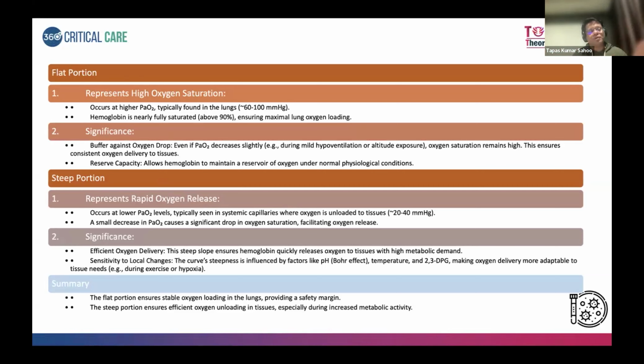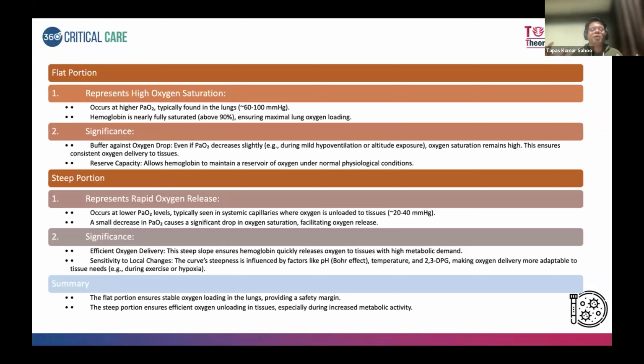But if you are going for your mixed venous oxygen saturation, or the systemic venous oxygen saturation, ScvO2 or SvO2, that would be the steep portion where your PaO2 is already low. Now, what is the significance of that? A small decrease in PaO2 causes a significant drop in the oxygen saturation, which facilitates oxygen release to the tissues, because now the tissues demand oxygen more.